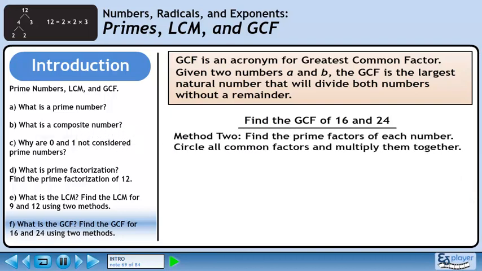In method 2, we'll find the prime factors of each number. Circle all common factors and multiply them together. Find the prime factors of 16 using a factor tree. Four and 4 are factors of 16.